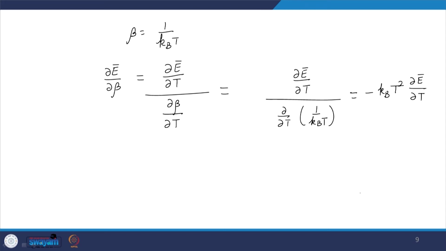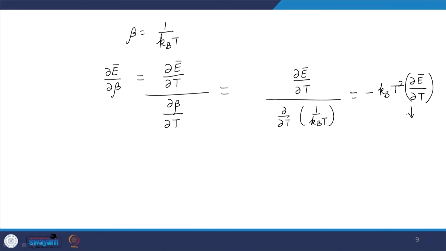Now, what we can notice here is that the derivative of energy with respect to temperature has a physical meaning. It is the definition of my specific heat. In this case, we are working in canonical ensemble, so the volume is constant. So, this essentially is the specific heat at constant volume. So, not only are the fluctuations always present, but fluctuations also have a physical meaning.